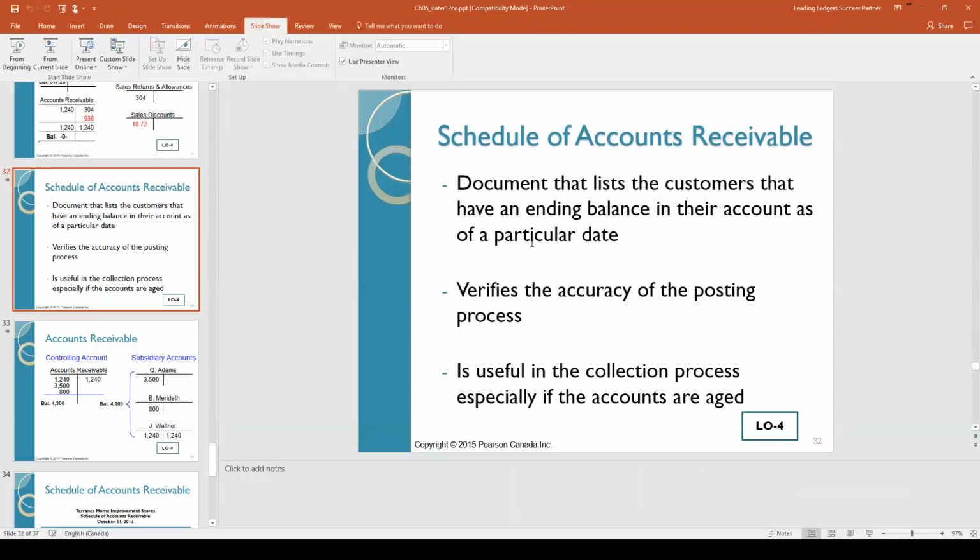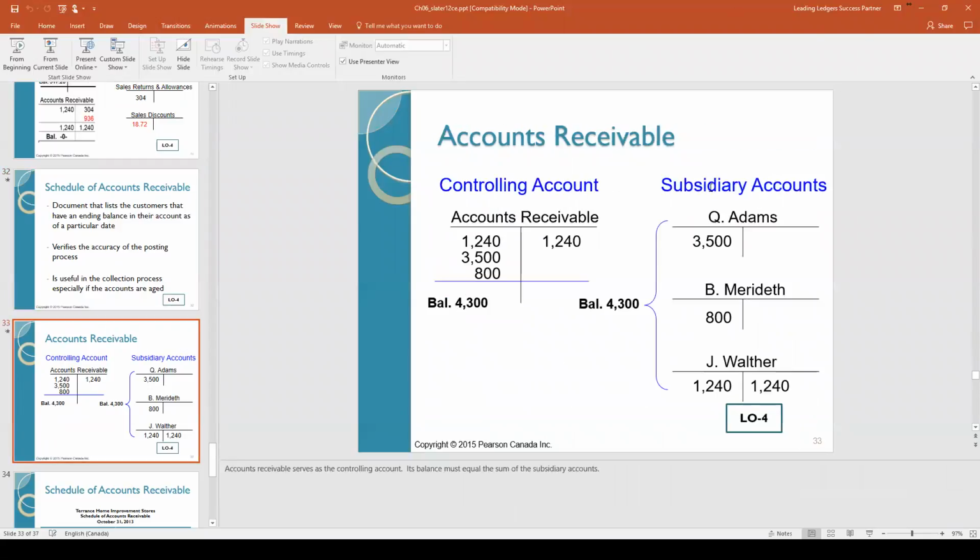At the end of an accounting period, you'll go through and look at those subsidiary ledger accounts and record how much money people owe. So in this example, it says that there's client Q Adams, client B Meredith, and client J Walter. And this is how much money is owed: $3,500, $800, and this one looks like they had a sale, but then they paid it off. So the amount owing is $4,300.